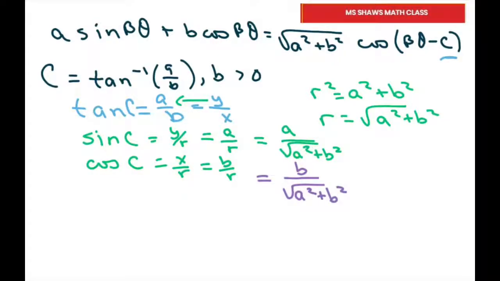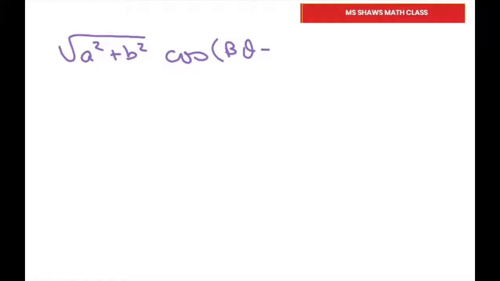Alright? And then all we're going to do is substitute using our difference formula for cosine. So basically, we have the square root of a squared plus b squared and cosine of b times theta minus c.